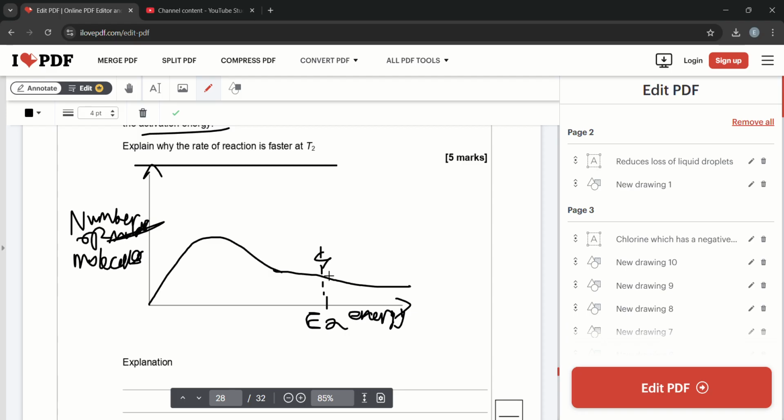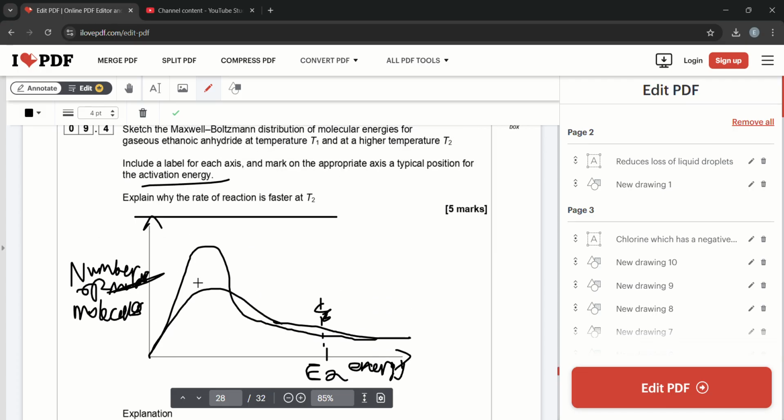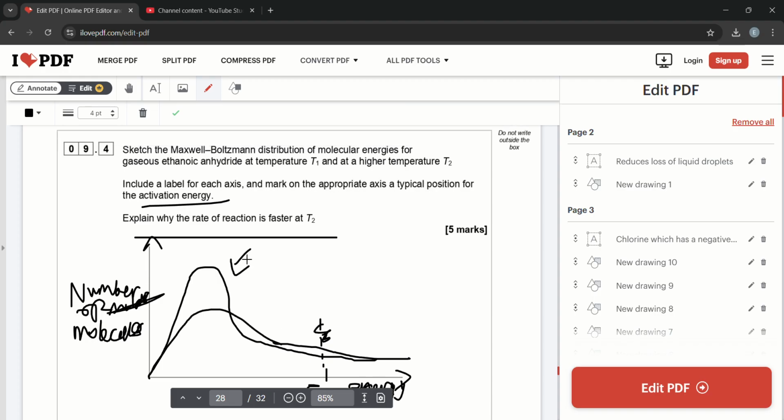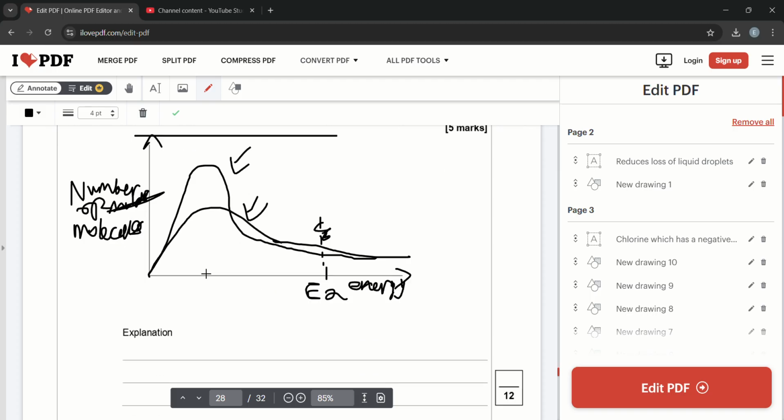And now at a higher temperature T2, the peak is going to be steeper, but then it's going to fall here, and then eventually flatten out. So this is T1 and the higher temperature T2.